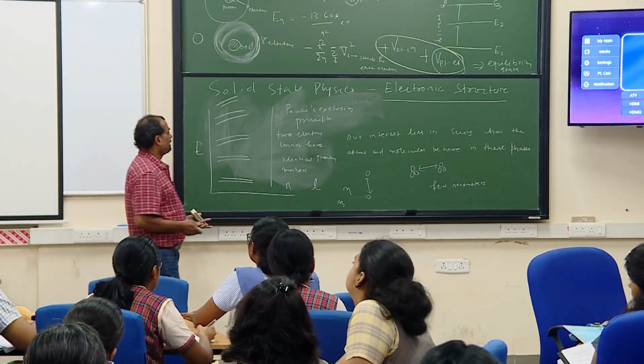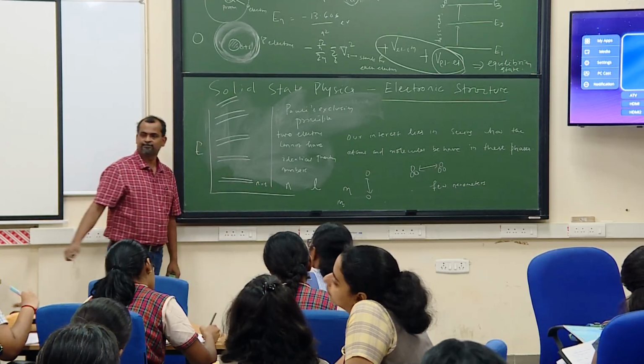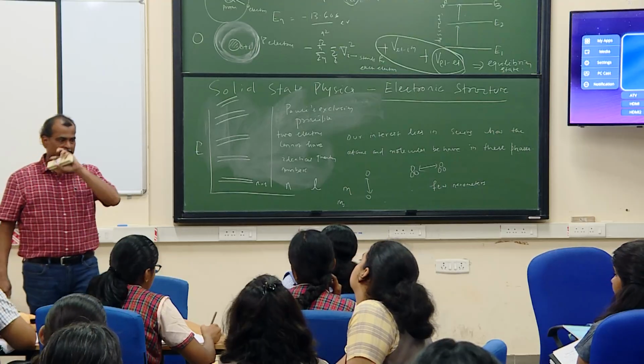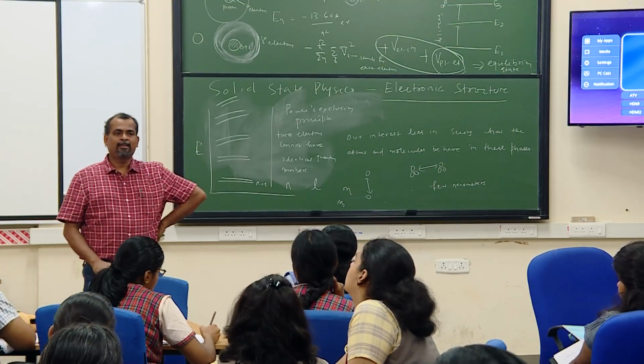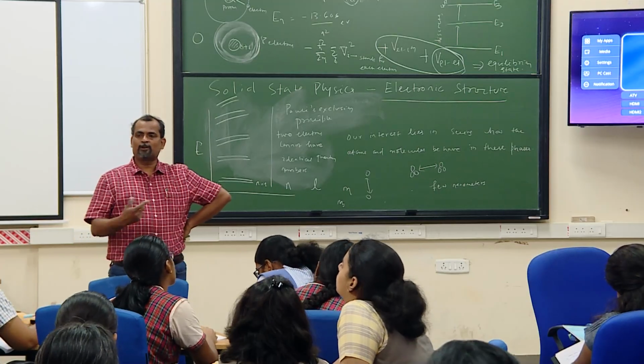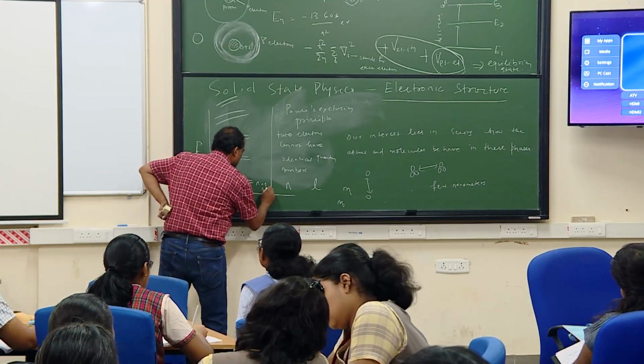You define your N as, let's say, 1. L will be defined accordingly. What is L here? If N is equal to 1, L will be 0, because L goes from 0 to N minus 1. So L is equal to 0.